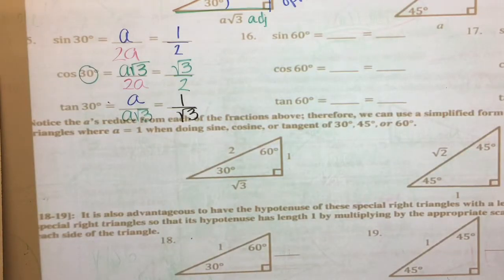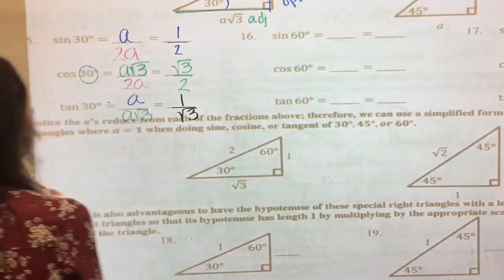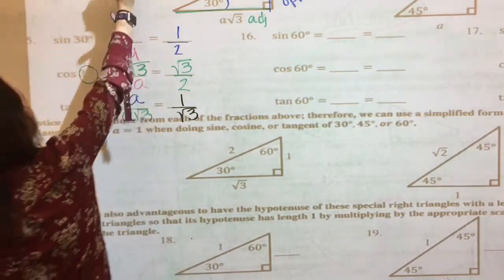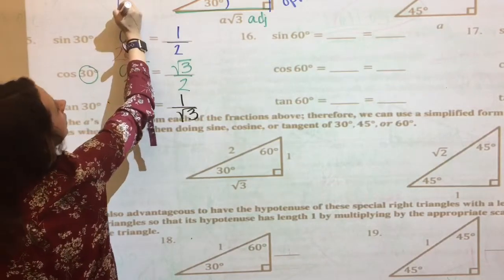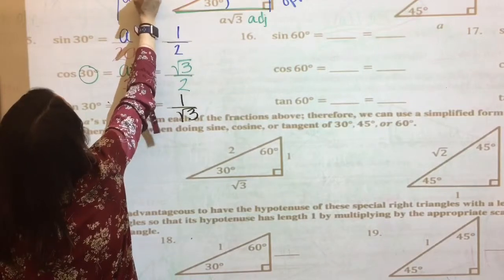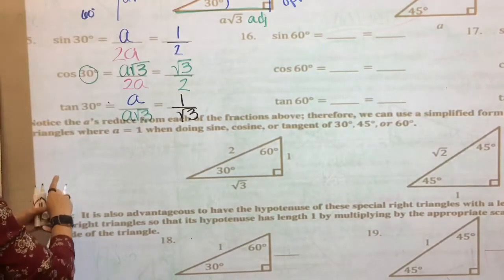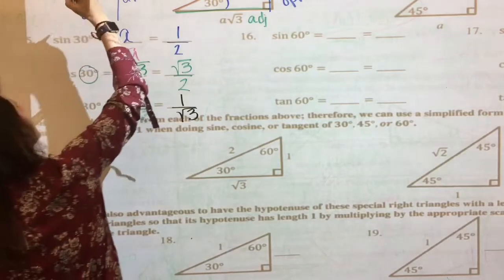All right, now we're going to do sine 60. I could use that same triangle, and that's why they didn't draw another one for us. But I am going to redraw the triangle, okay? So I'm going to draw this side here. I know the side opposite the 60 is A root 3 from Math 2. I know that the hypotenuse is still 2A.